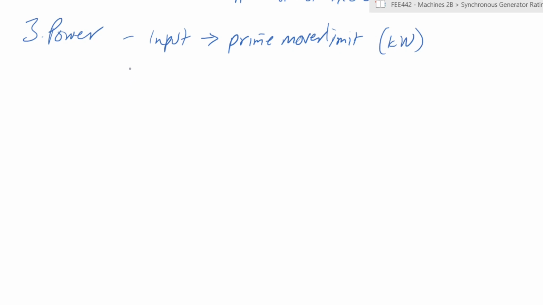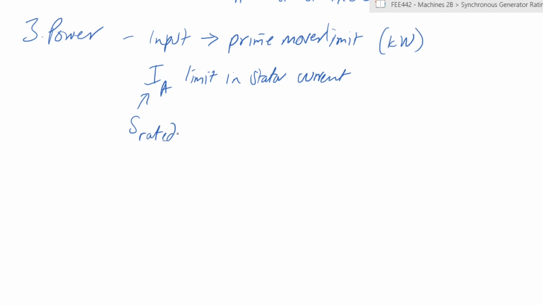The synchronous generator cannot supply power beyond a certain limit because there's a limit on the stator current. Therefore, the overall rating that you would receive for this is a rated power.